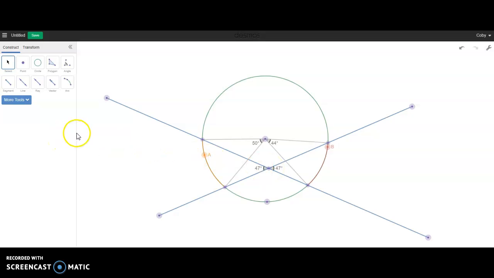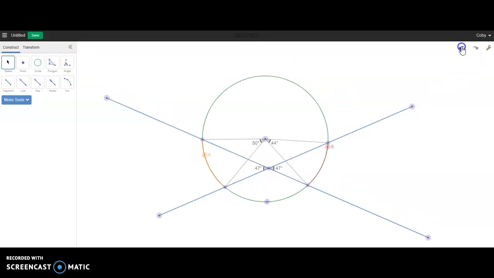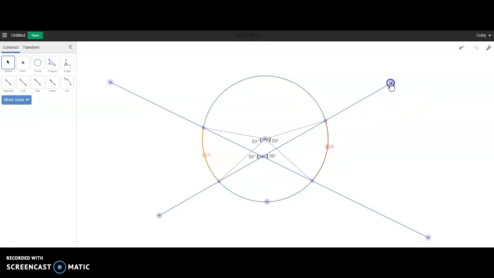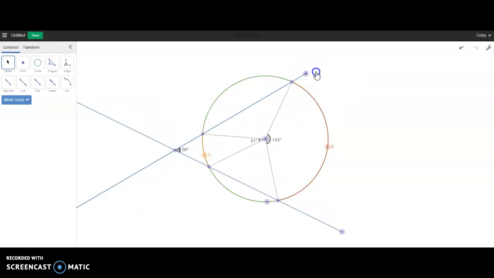The next type of angle we're going to look at is similar to this, except instead of these two chords intersecting inside the circle, I want these two chords to intersect outside the circle. So like this.